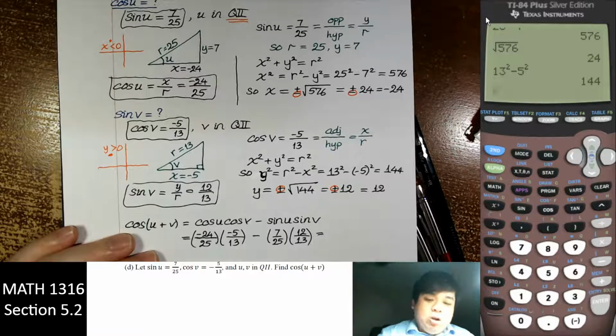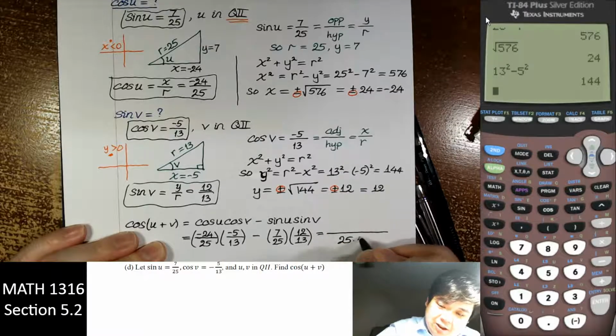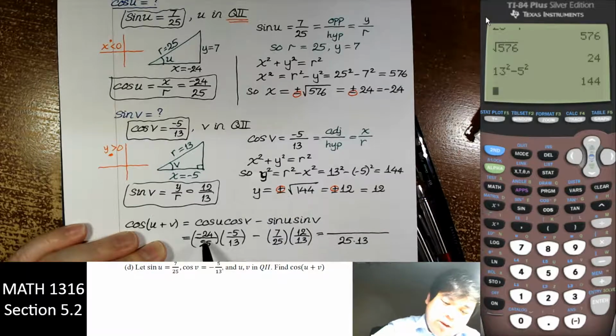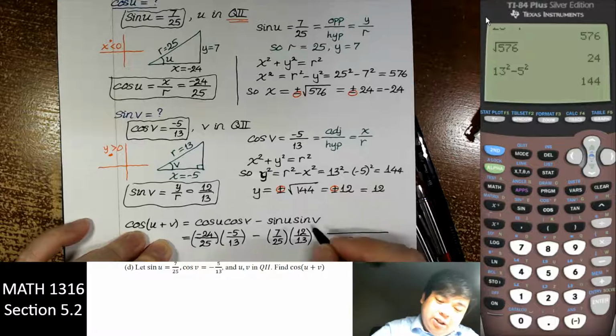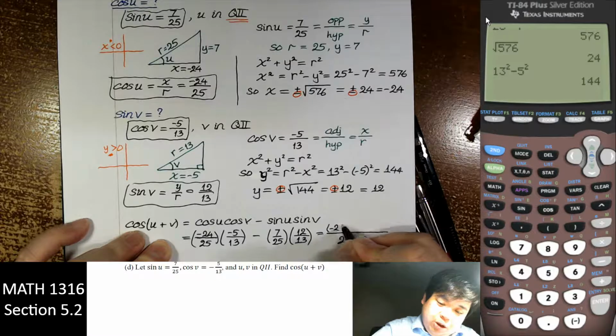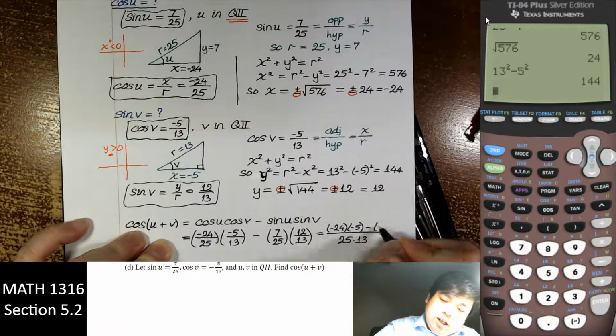Common denominator will be 25 times 13. On the top we have negative 24 times negative 5, subtract 7 times 12.